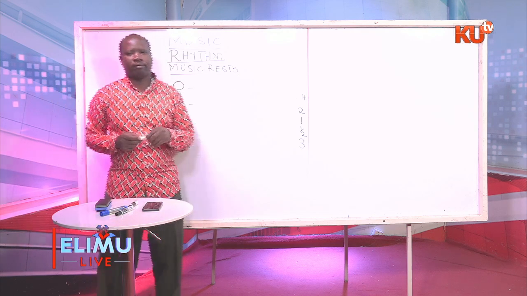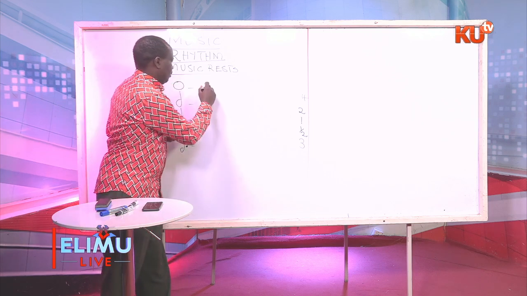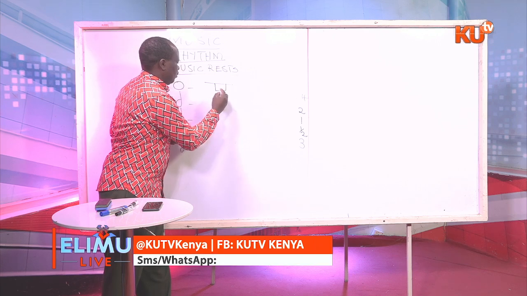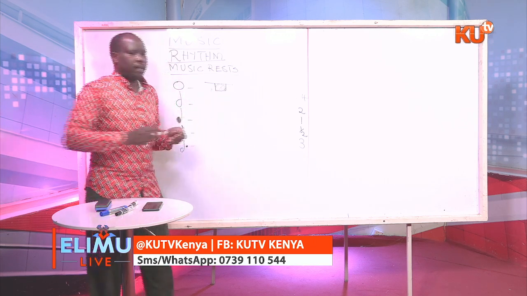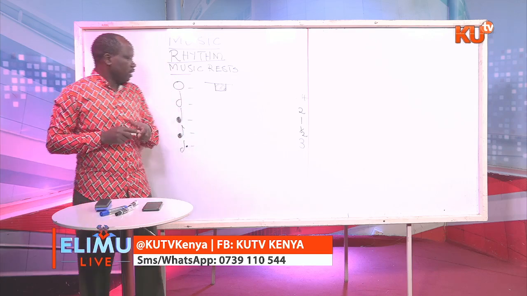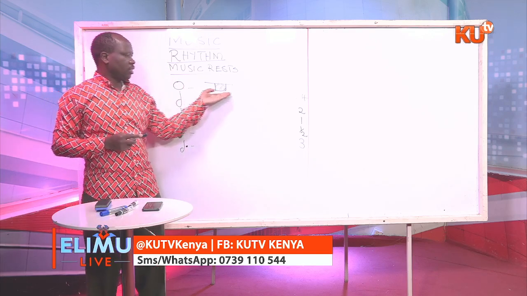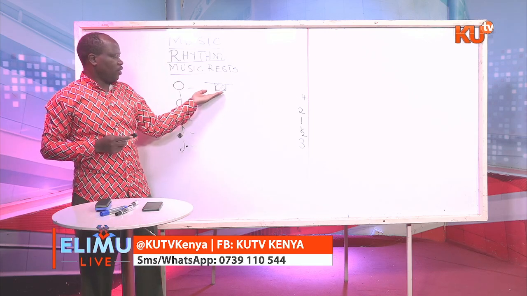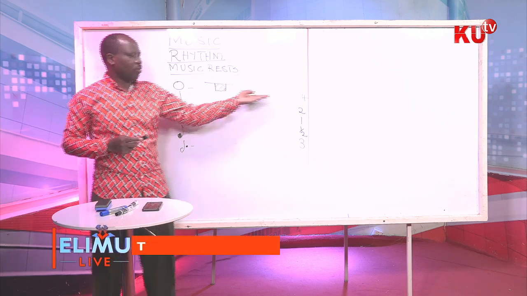The semi-breve, it has its rest, that is the music rest for the semi-breve, which is equivalent to 4 beats. So in case of a rest, you remain silent for a duration equal to 4 beats.